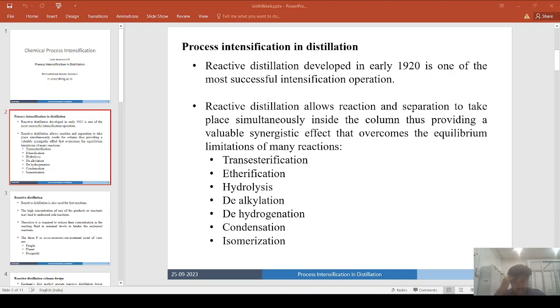It thus provides a valuable synergistic effect that overcomes the equilibrium limitations of many reactions, for example transesterification, etherification, hydrolysis, dealkylation, dehydrogenation, condensation, and isomerization.